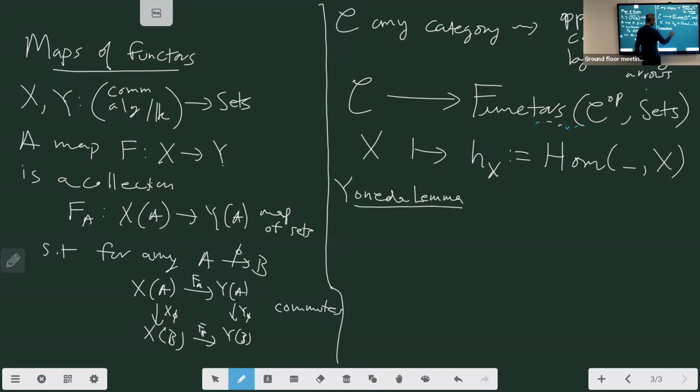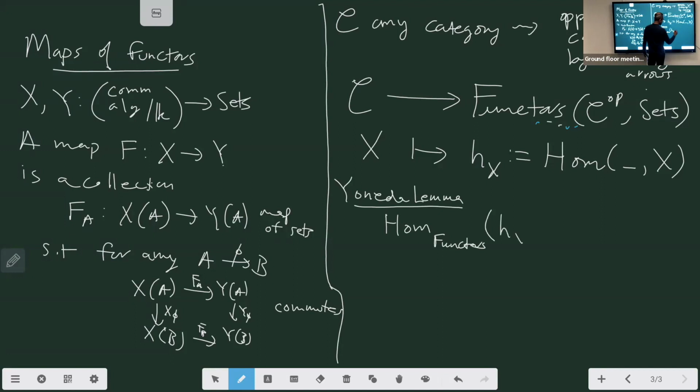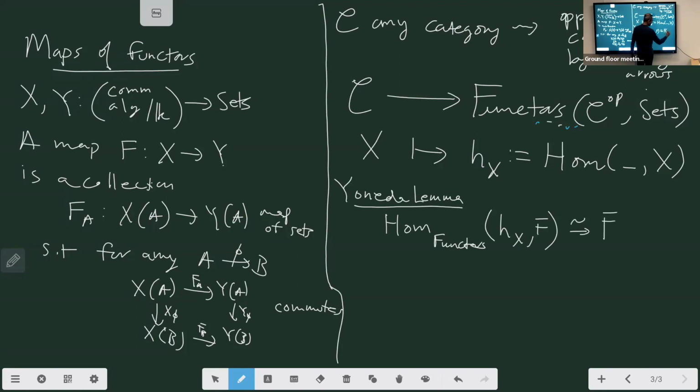And the Yoneda lemma says the following. It says that Hom between two functors, which I just defined on the left side, so maps between functors from hx to any F, is in bijection with just the x points of it. And what is the map?